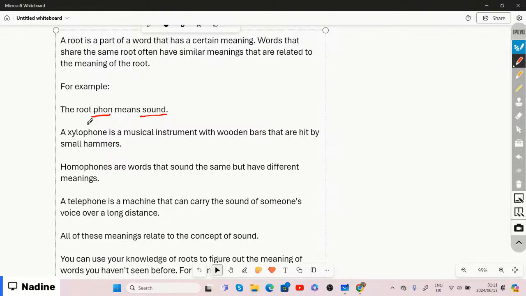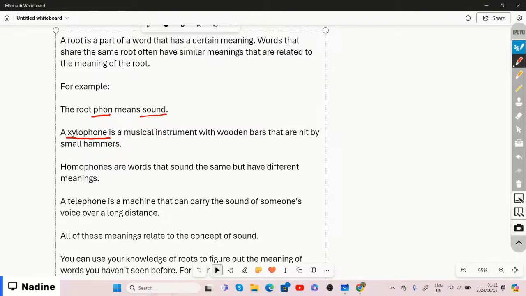If we look at the first word, it says xylophone. A xylophone is a musical instrument with wooden bars that are hit by small hammers. And what happens when that instrument is hit by small hammers? It creates a sound.